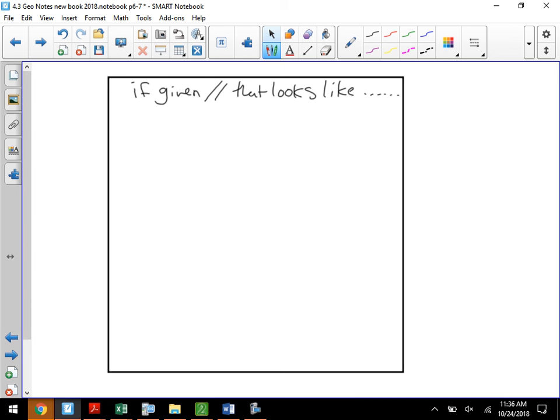A lot of times you're going to get ones that look like this. That just means opposite sides are parallel. Are we okay with that? It's a quadrilateral with opposite sides parallel.